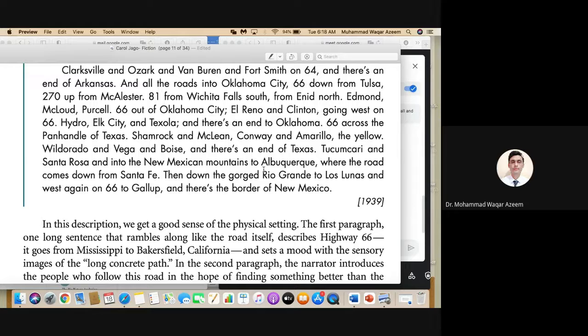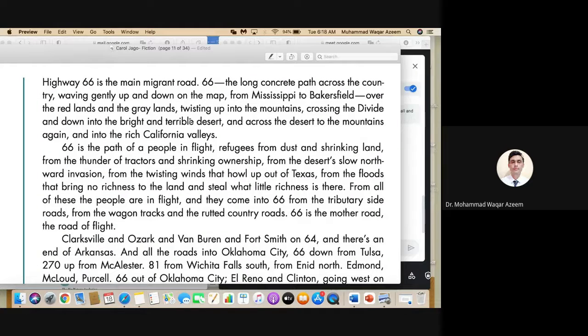Now, I would say this is a little more saturated with historical references, but the point of this example is that it's very common in a literary text for the writer to include actual historical allusions and the actual geographical landscape.